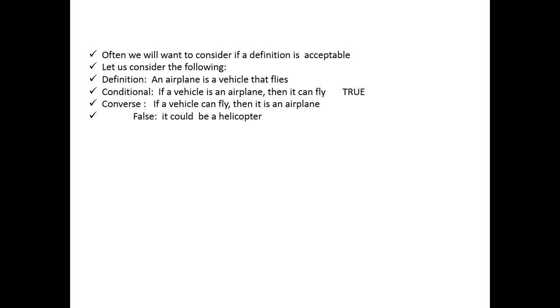Nonetheless, what we've done is consider whether it was a good definition. It's a good definition if we can write it as a conditional and a converse and both end up being true. Since the statement, an airplane is a vehicle that flies, did not prove to be true both ways, this is not a suitable definition.